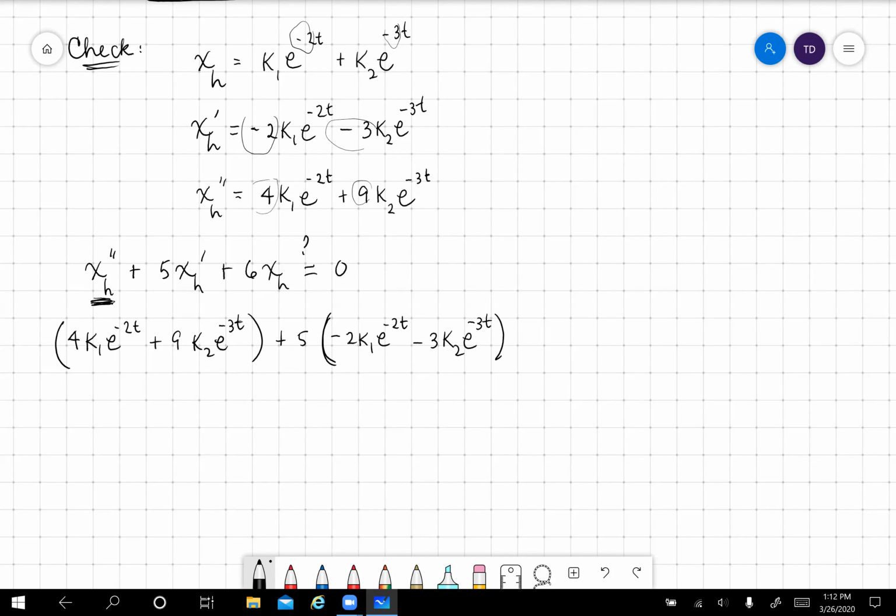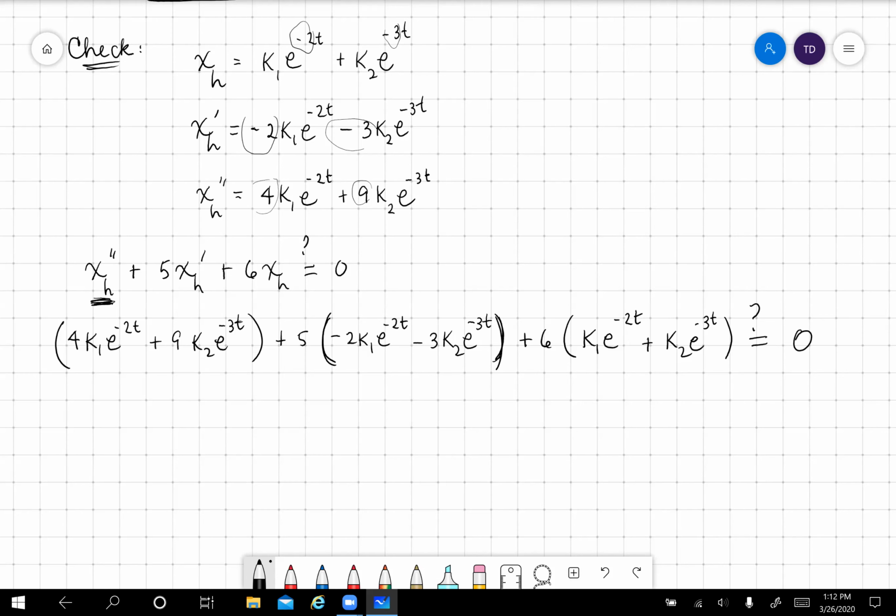Notice, just like in the first order, this works for all values of K right now. Plus 6 times xH, K1 e to the minus 2t plus K2 e to the minus 3t. And the question is, is that equal to 0?